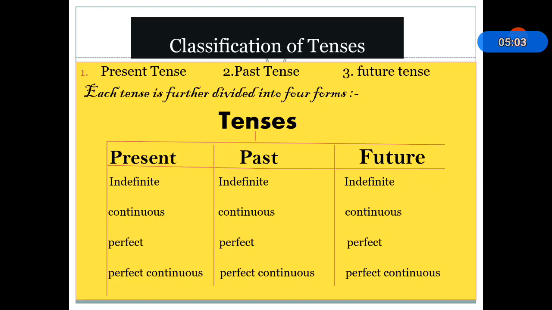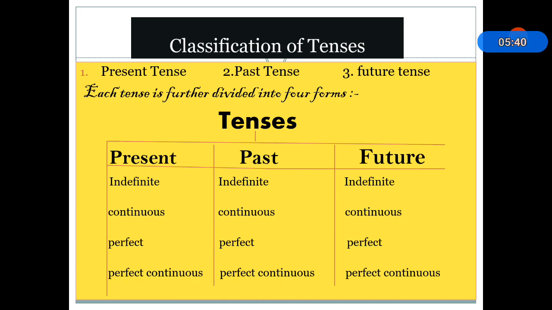So now let's look at the classification of tenses. As you all know, there are three kinds of tenses: present, past and future. And these tenses are further divided into four forms, that is indefinite, continuous, perfect and perfect continuous. It is the same for all the three tenses.